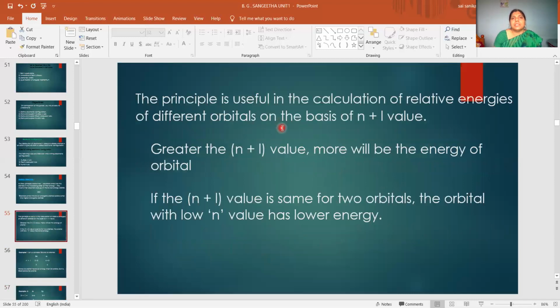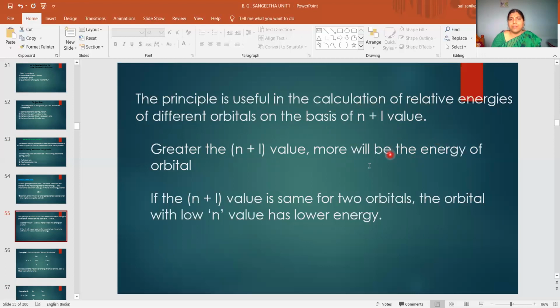Now, the principle is useful in the calculation of relative energies of different orbitals on the basis of n plus l value. How will you know the energy of the orbitals? Here we are using one rule that is called the n plus l rule. By this n plus l rule, we'll know which orbital has less energy and which orbital has more energy.